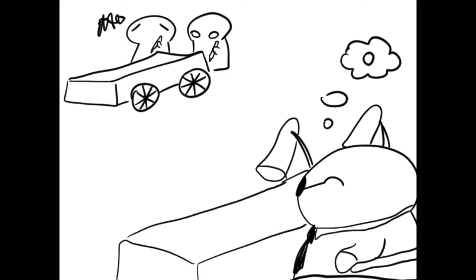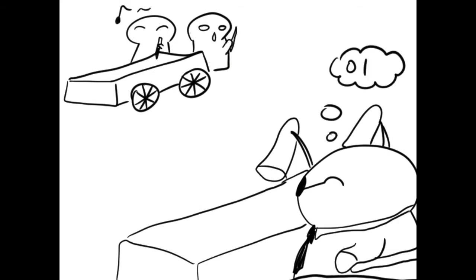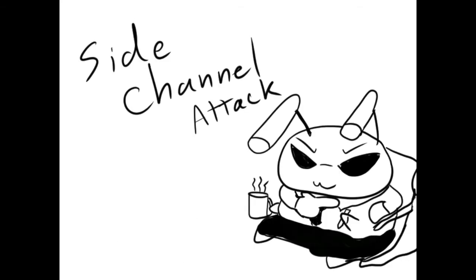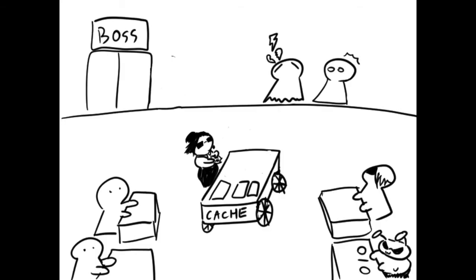With this observation, the hacker can time the duration that speculative execution spends on a piece of data and infer the data from that observation. This technique is called a side channel attack. It is how hackers can take information that they otherwise cannot see.